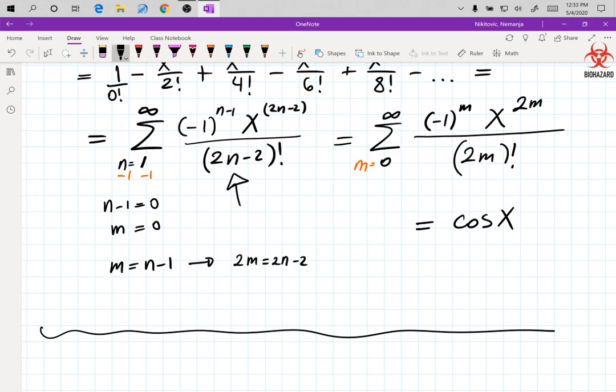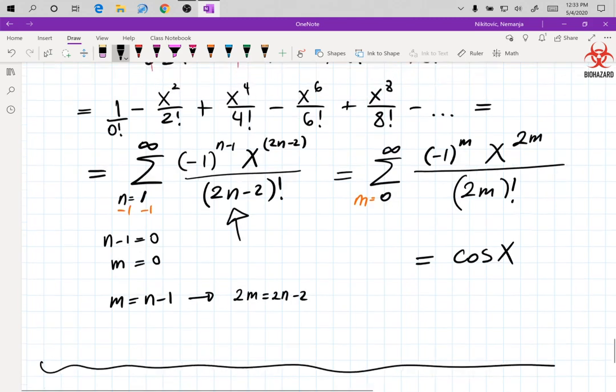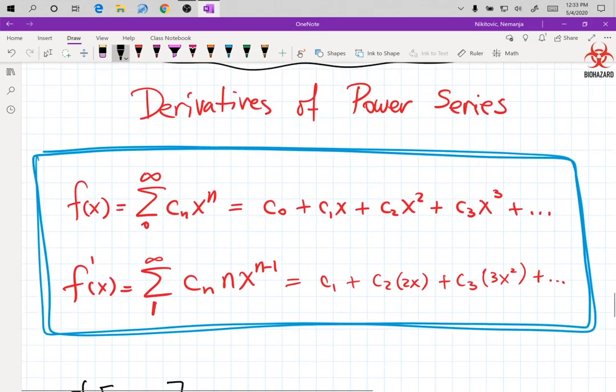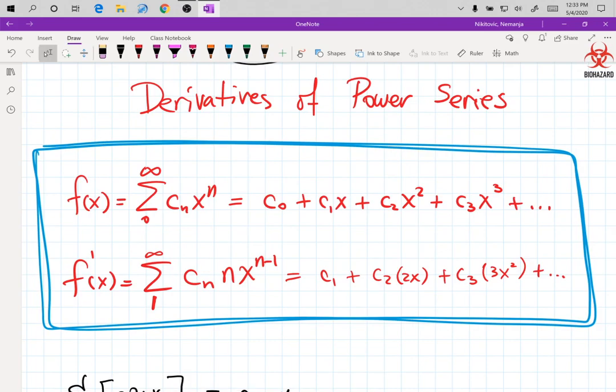All right, cool. So now you have the definition for a function in terms of power series. You have the definition for the derivative, and you also know that your counter shifts here. So on Wednesday, when we actually do differential equations with this mess, we will be shifting this back.